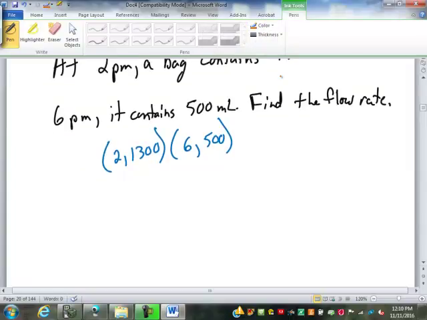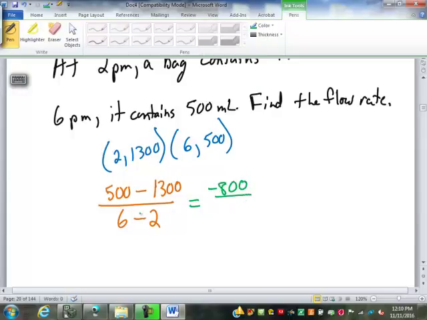Quickest way for me to do this is to write the coordinates. 2 p.m., 1,300 milliliters. 6 p.m., 500 milliliters. So y2 is 500, minus y1 is 1,300. x2 is 6, minus x1 is 2. 500 minus 1,300 is a negative 800. 6 minus 2 is 4.